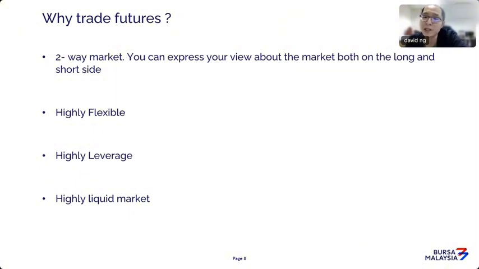I think the easiest way is to short a particular FKLI index futures, which is a very direct product. So it's easy for you to express a view using the futures market, because you can either go long or short, and you can even do spreads, calendar spreads, which is a bit more technical, looking at the price differential between both calendar months.